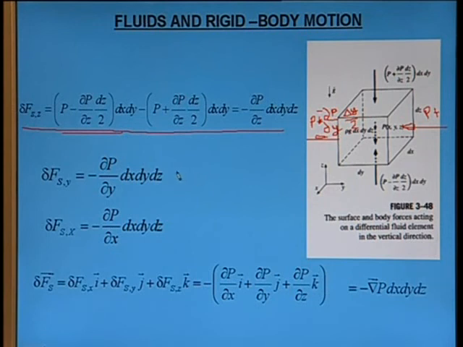Similarly, with the help of the same principle, we can find out the surface force in y direction and the surface force in x direction. When we have the surface force in x direction and in y direction, then we can find out the net surface force acting on this fluid element. On this fluid element we have forces in x direction, y direction and z direction. So, we can write minus del P over del x i plus del P over del y j plus del P over del z k, and this may be written in the short form as minus del P dx dy dz.